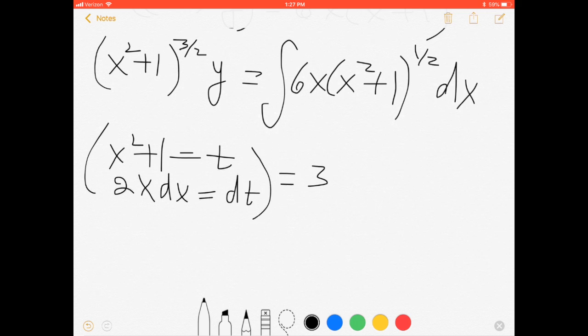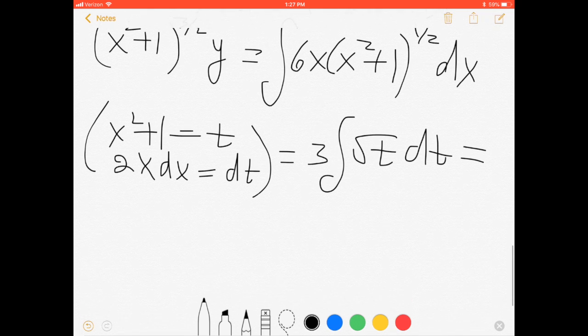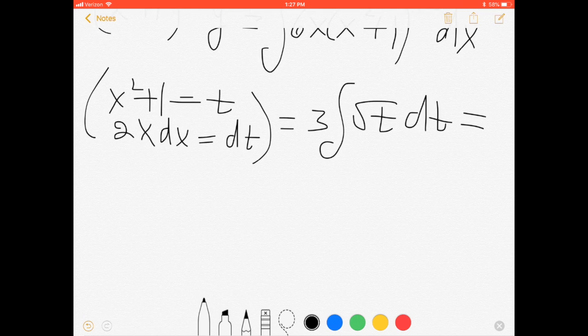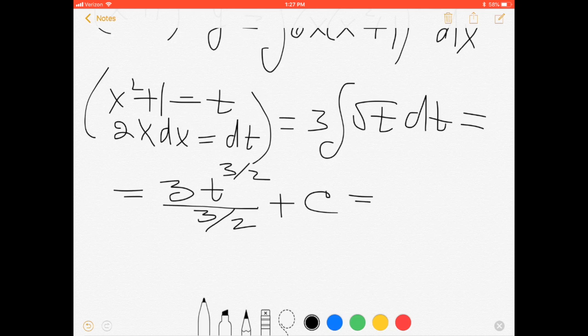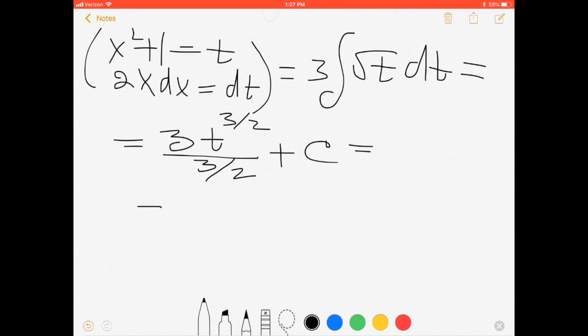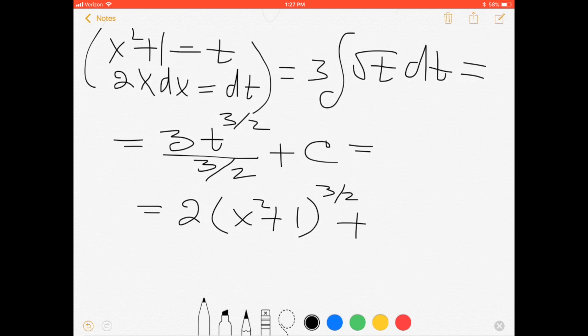It will be 3 times the integral of square root of t dt, and it will be 3 t to the 3 halves over 3 halves plus c, and finally we have twice (x squared plus 1) to the 3 halves power plus c.